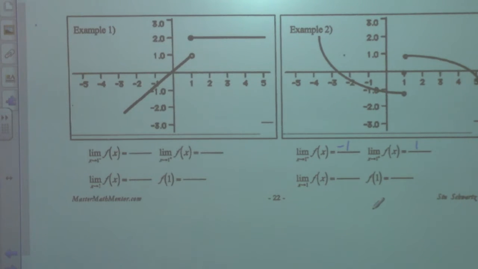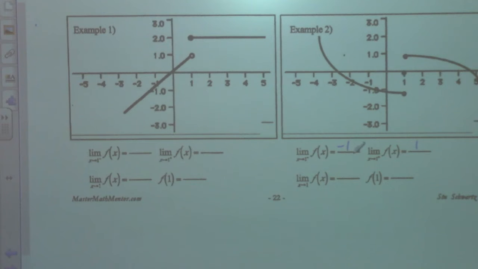Remember the if and only if statement up here. It says that the limit exists if and only if the left side limit and the right side limit are equal.